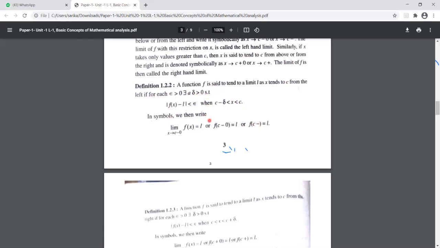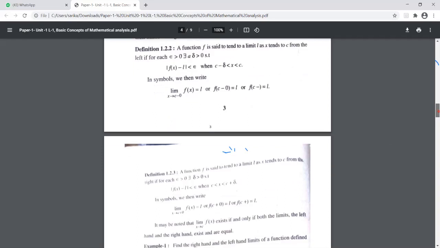In symbols we can write it as limit x tends to c minus 0, f(x) is equal to L, or f(c minus 0) is equal to L. Remember, everywhere minus only, nowhere plus. And f(c minus) is equal to L.